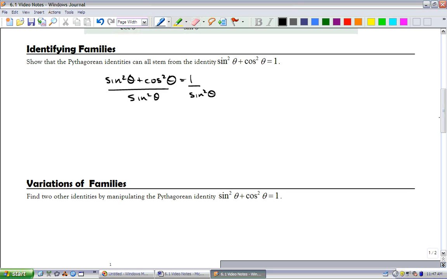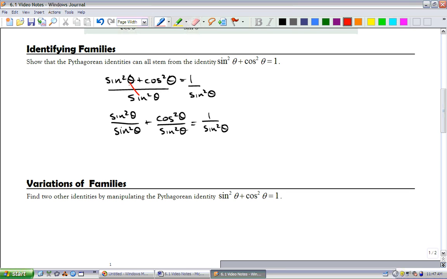So we're showing how we can get these other Pythagorean identities based on this. Well, if I divide both sides by sine squared, and then I think of it this way, distribute this denominator, look at what we get. We get sine squared over sine squared plus cosine squared over sine squared equals 1 over sine squared.